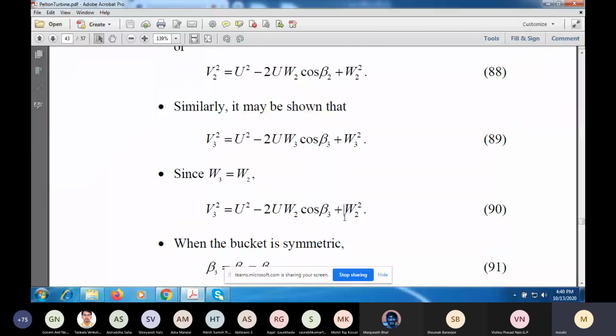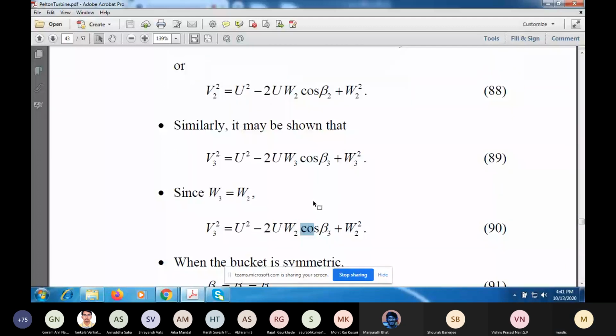So I can replace W3 by W2 and keep beta 3 as it is for an unsymmetric blade. But if beta 3 equals beta 2, then the right hand sides of 88 and 90 are identical. So as we had anticipated, for a symmetric blade, V3 and V2 are the same.